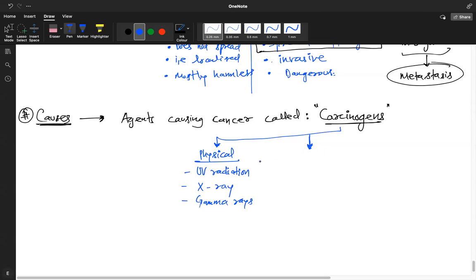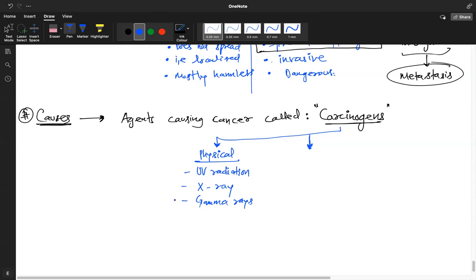Similarly, X-ray and UV are radiations whose intensity we can control. X-ray used for diagnosis is very low intensity and within the safe limit. So you can get your X-ray done even 10 times in your life and will not get cancer.